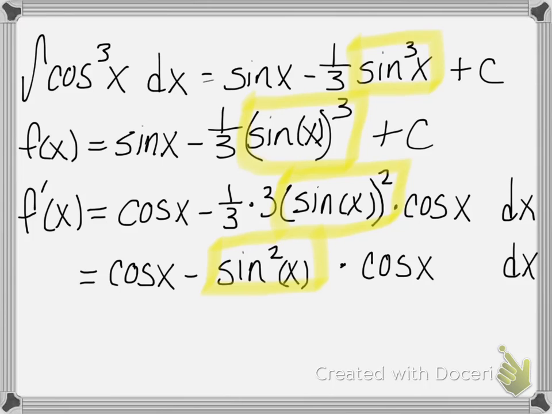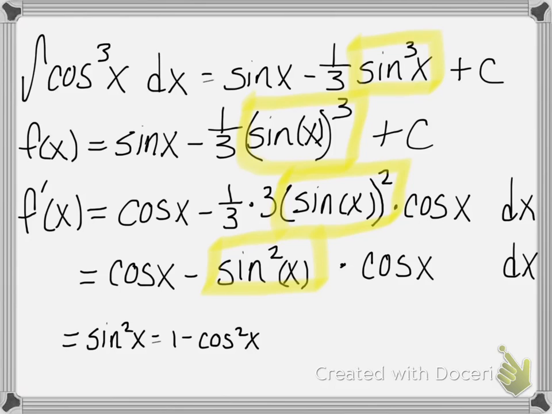Alright, so if you remember from your pre-calc class, sine squared x is equal to 1 minus cosine squared of x.